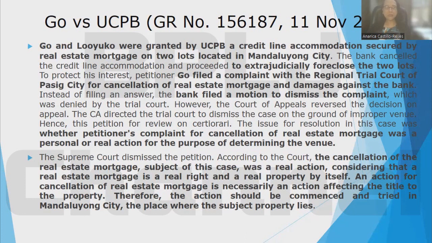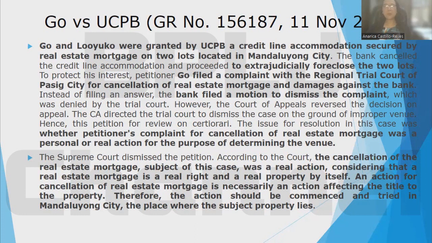Now, to protect his interests, Go filed a complaint with the RTC for cancellation of the real estate mortgage against UCPB. The bank filed a motion to dismiss the complaint. Okay, now the issue is whether petitioner's complaint for cancellation of the real estate mortgage was a personal or a real action for the purpose of determining the venue.